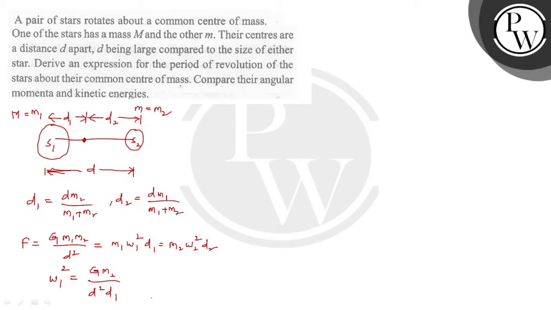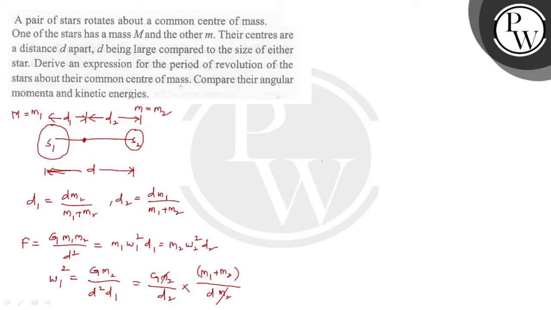Now this can be written as G m2 by d square into (m1 plus m2) upon d m2, is it not? So m2 gets cancelled.